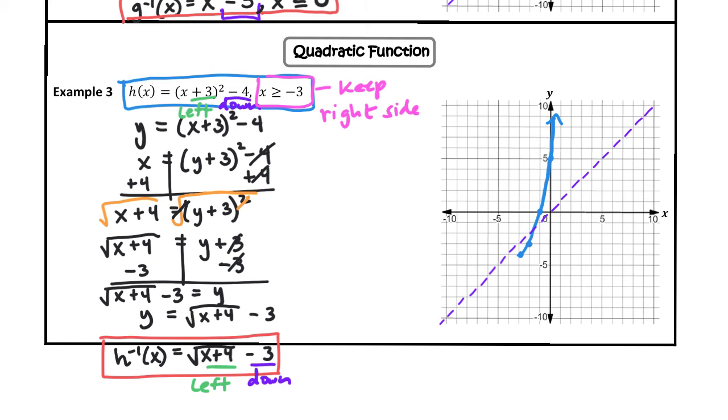So let's see. What happens if I graph the positive? Well, I have to go 4 to the left and 3 down. That's right there. So 4 to the left, 3 down is right here. And let's say I graph the positive square root. And actually, remember from last time, if it's greater than, then we're going to keep it positive.